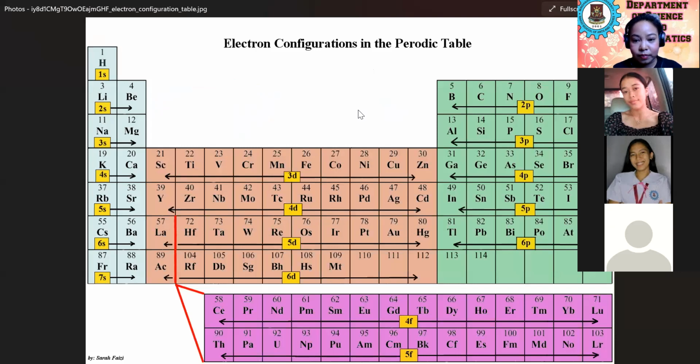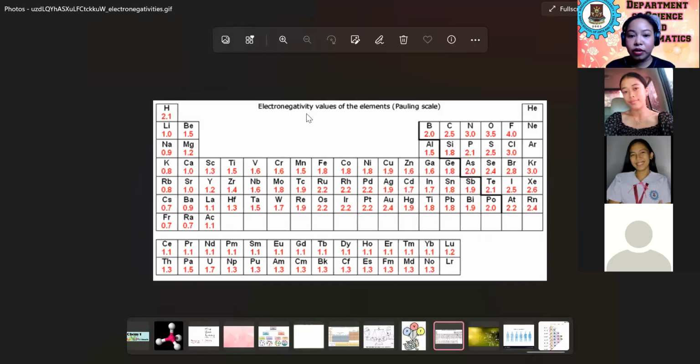Okay. Can you see the electronegativity value?